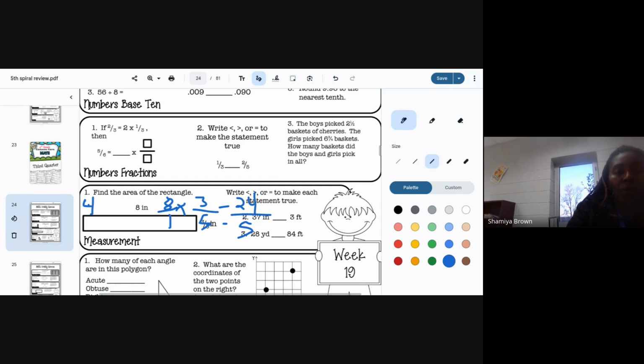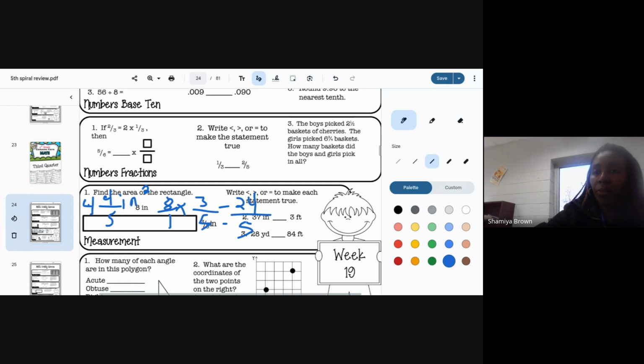And then 24 minus 20 will give me 4. So that's going to be 4 is my numerator. And then 5 will still be my denominator. So it's 4 and 4/5 inches squared is the area of that rectangle.